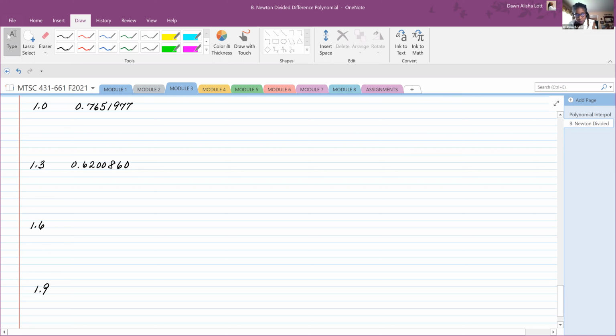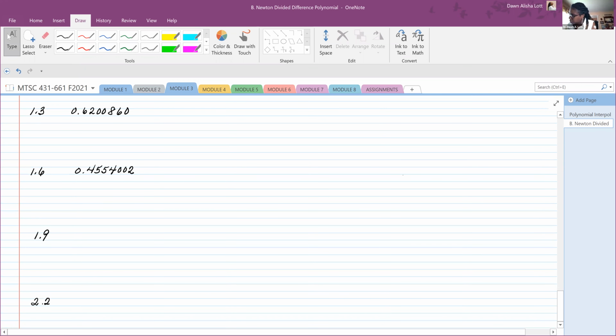Then the next one is 0.4554022. The next F value is 0.2818186. And then the last one is 0.1103623.